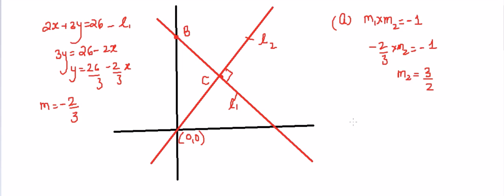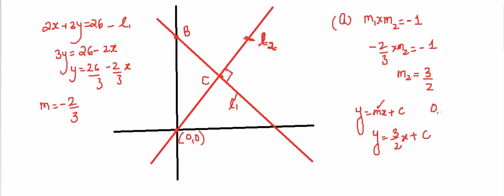Now, if I write the slope form mx plus c, I have m but I don't have c for line L2. So for that I should have one point that should lie on line L2. And for this, the coordinate is given, that is origin. So y is equal to 3 over 2x plus c.